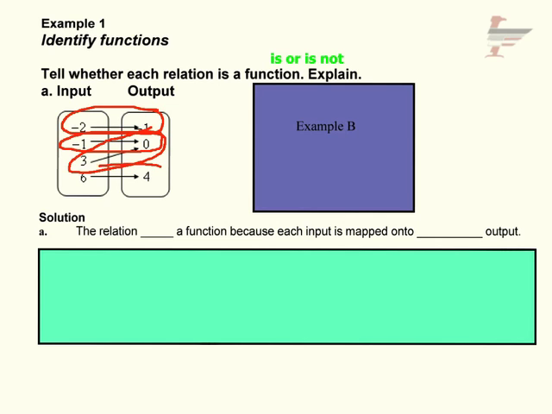And 6 has exactly one output, which is 4. Notice that -1 and 3 each have the same output, but they have only one output. So the relation is a function because each input is mapped onto only one output.